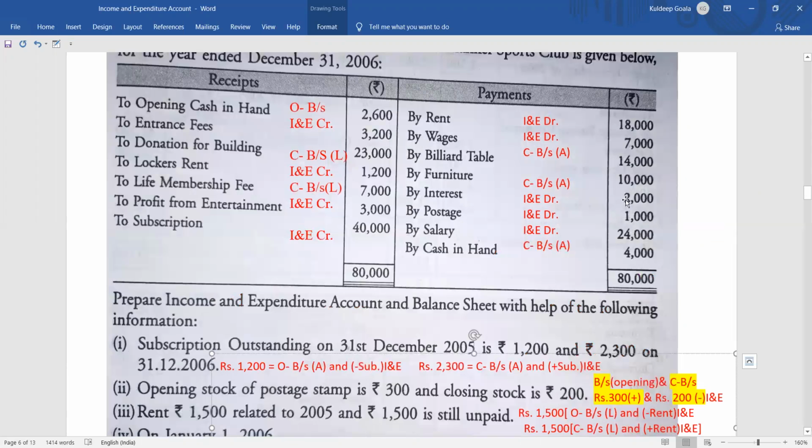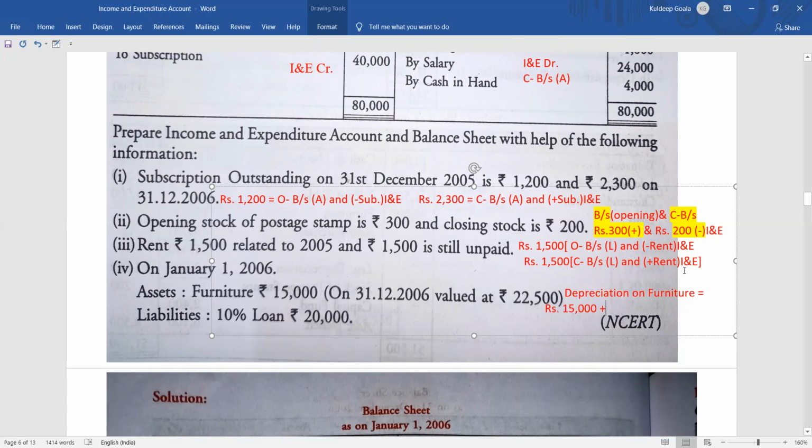We saw the furniture purchase was 10,000, so plus 10,000, less closing. What is the closing balance? Closing balance is 22,500, isn't it? So what is the remaining amount? It is coming to 2,500 rupees. So this is the depreciation on furniture. This is nothing but the depreciation on furniture.